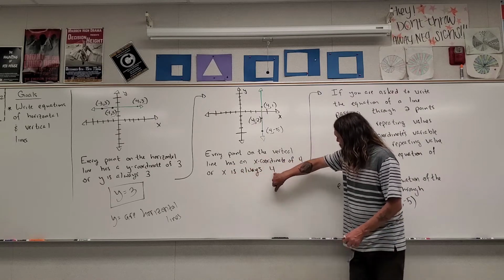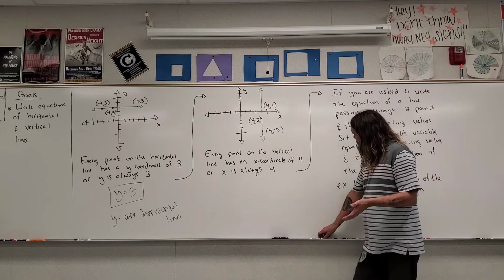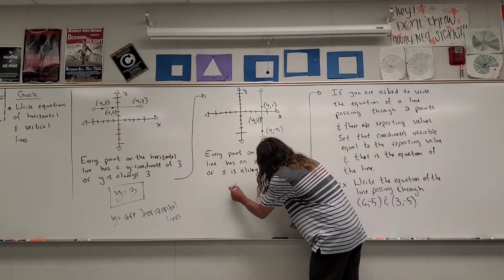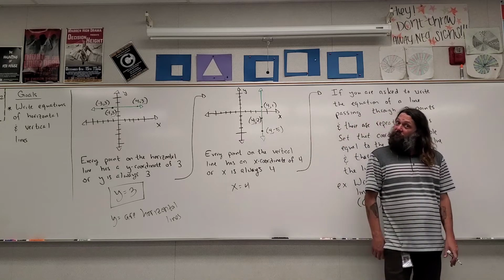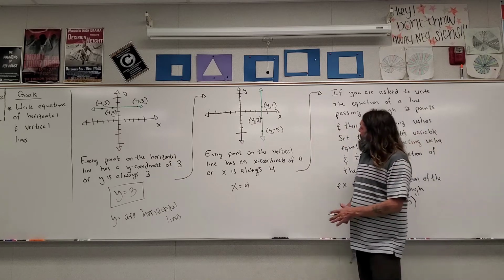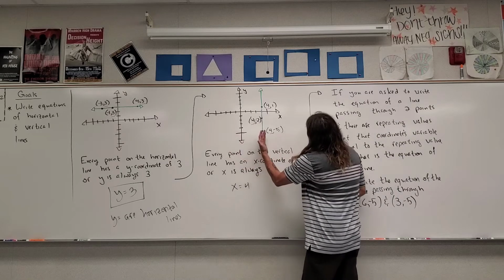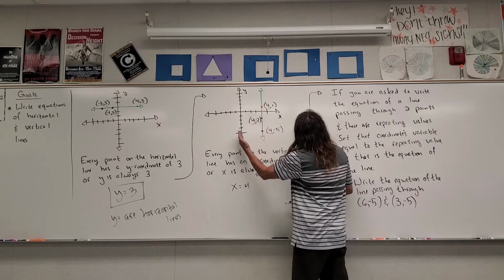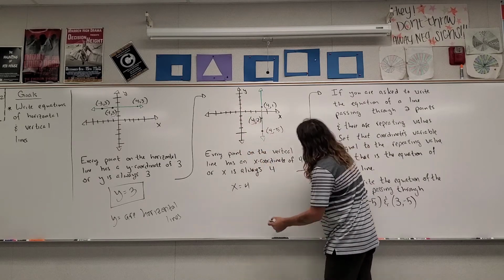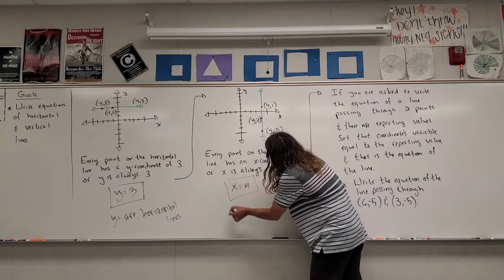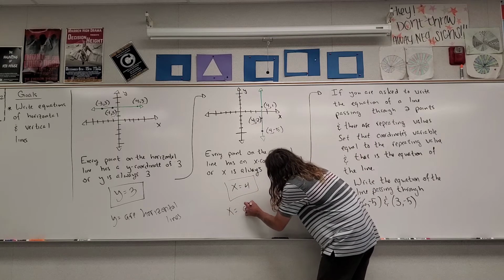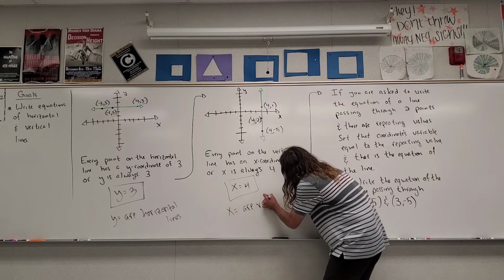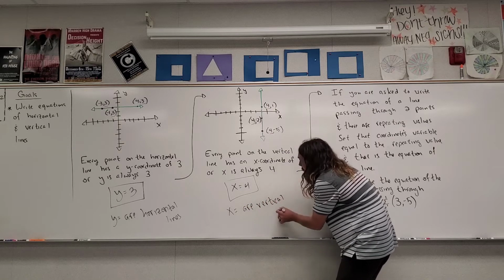X is always 4. So we literally have the equation x equals 4. Students want these to be horizontal, but what this equation is saying is that we're always 4 away from the y-axis. So that's our equation, and x equals our vertical lines.